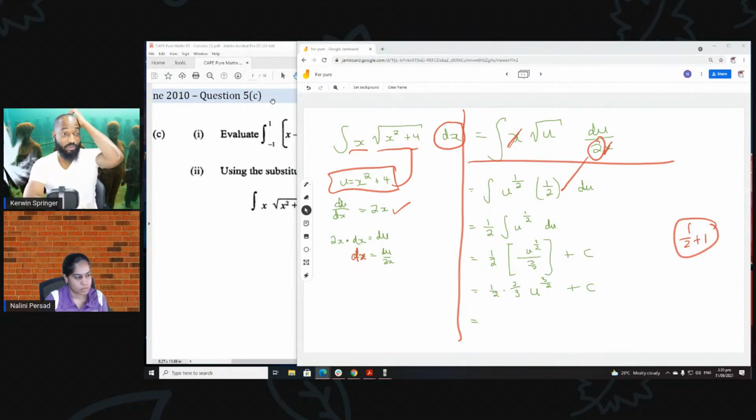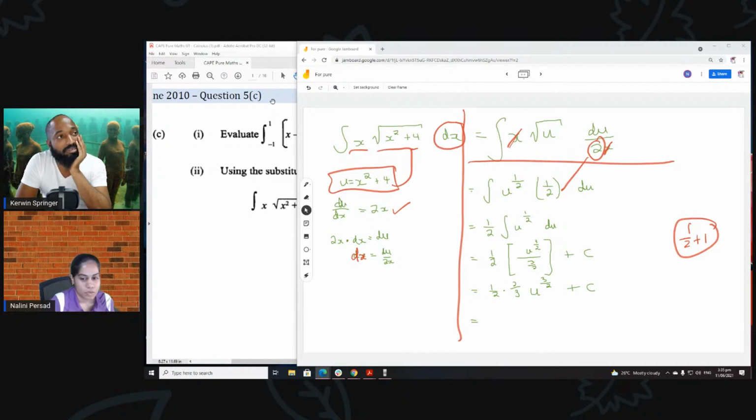All right. Are we finished here, Miss? No, well, let's first simplify. So a half times 2/3 will give you a third u to the power 3 over 2 plus c. And we're still not done.